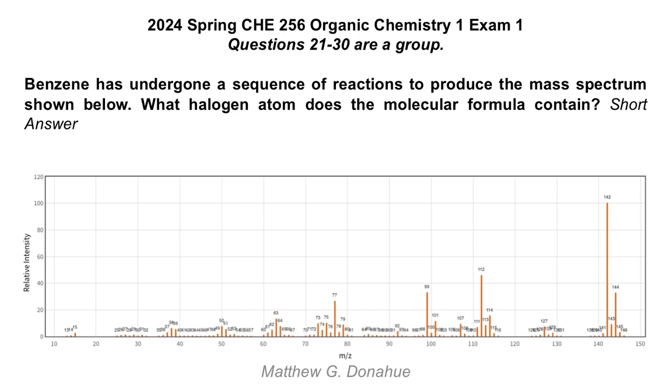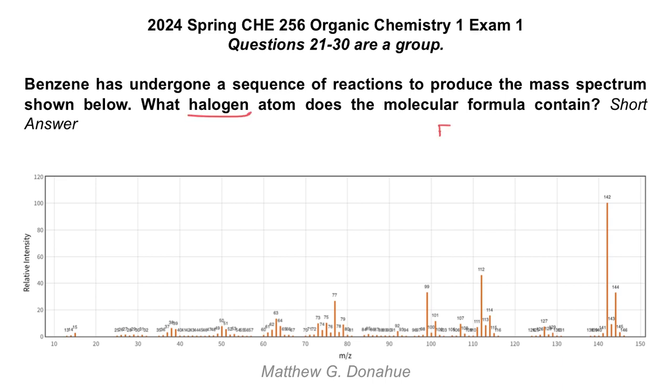So this run of questions is asking you about a sequence of reactions to produce a compound from benzene. You're given some data and ultimately figure out what the structure is and how to name it. So benzene has undergone a sequence of reactions to produce the mass spectrum shown. What halogen atom does the molecular formula contain? So it says right there, a halogen atom.